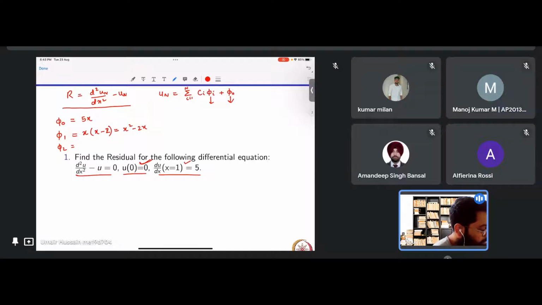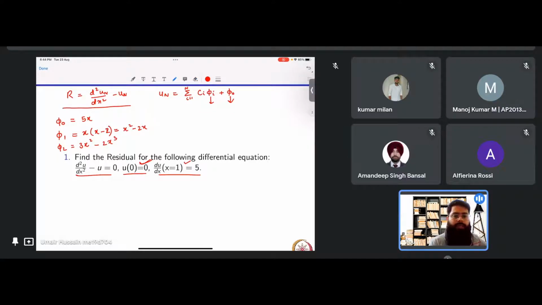If I just put it as 3x square minus 2x cube, or just the opposite, at x equals 0, it would give 0, of course, and its derivative would be 6x minus 6x square. So if I put x equals 1, I'll get 0, right? So this is satisfying. Good, okay, nice.